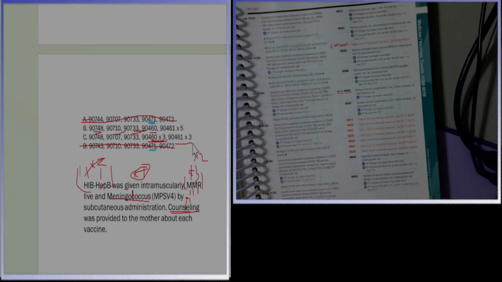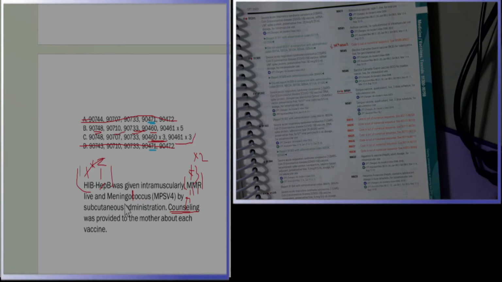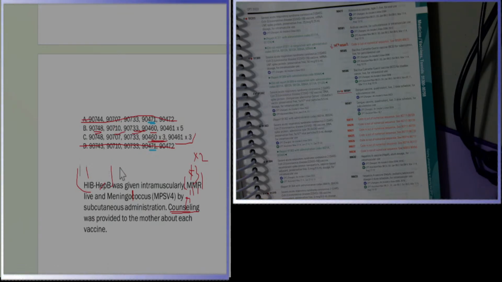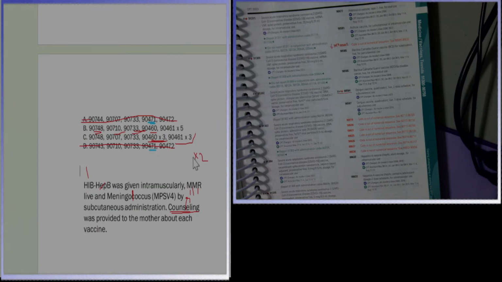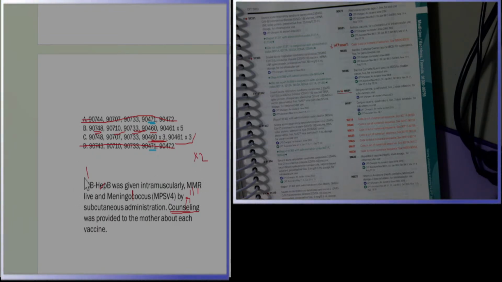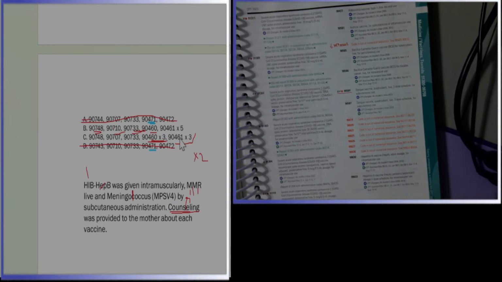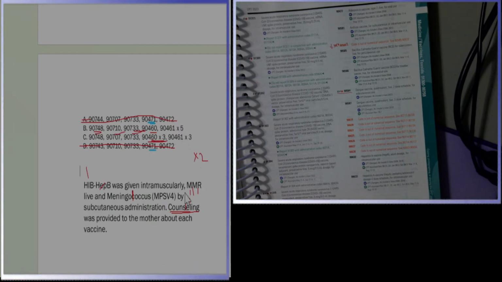The leftovers, you bill at the end of 61. If I take 1 away from meningococcal, I don't have anything else left for meningococcal. If I take 1 away from the Hib and hepatitis B, I only have 1 left over. And if I take 1 away from MMR, then I have 2. So that's how we got 3 for the 61 add-on code.